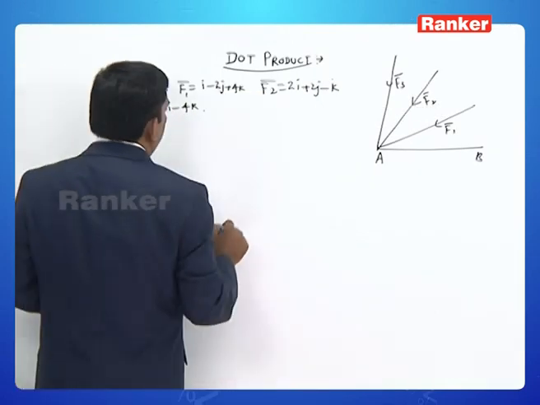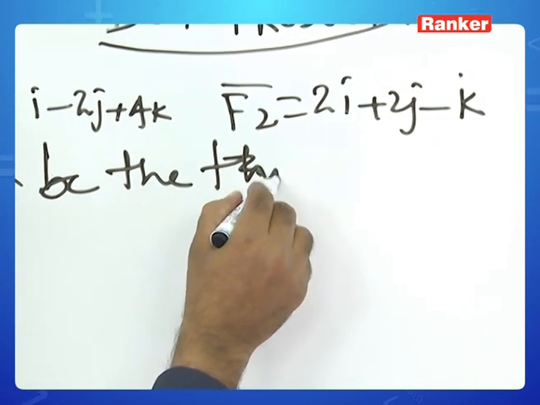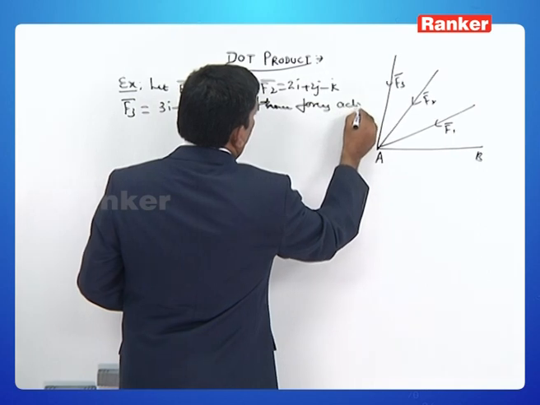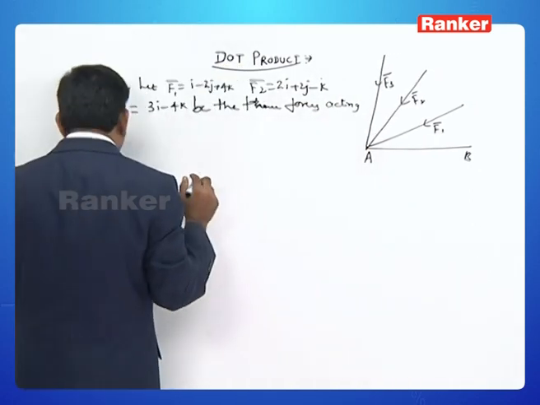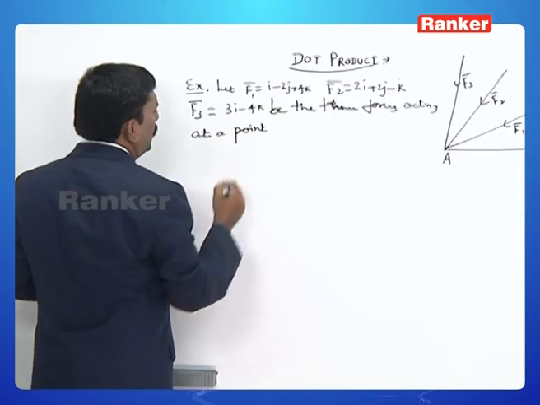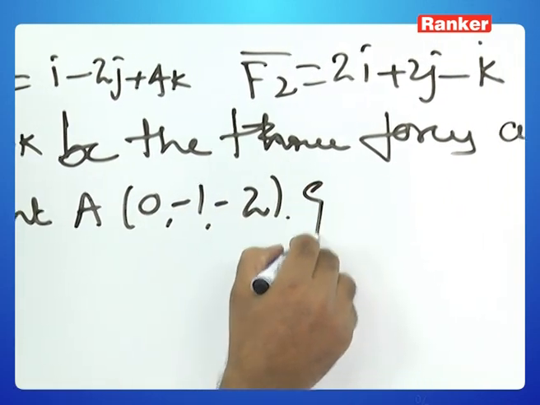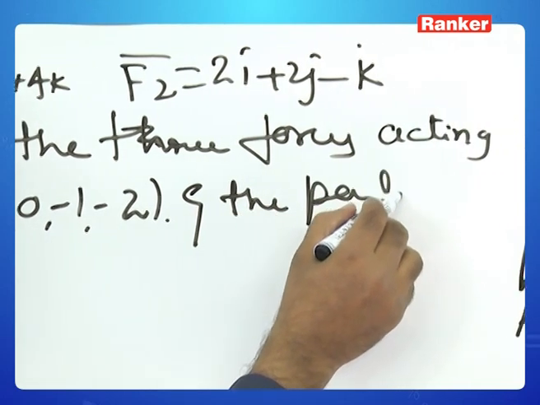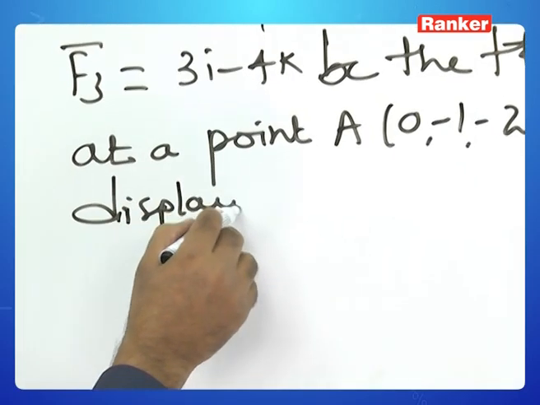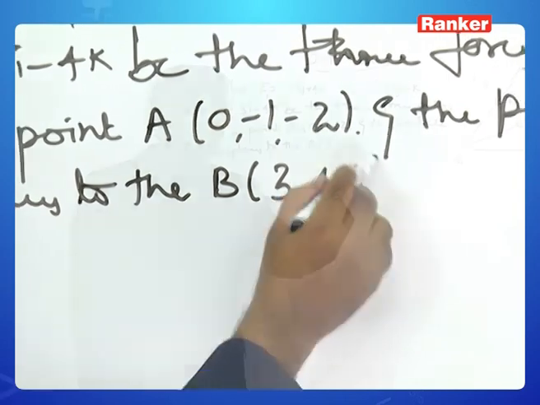Let these be the three forces acting at a point A of (0, -1, -2), and the particle displaces to the point B of (3, 4, 1).